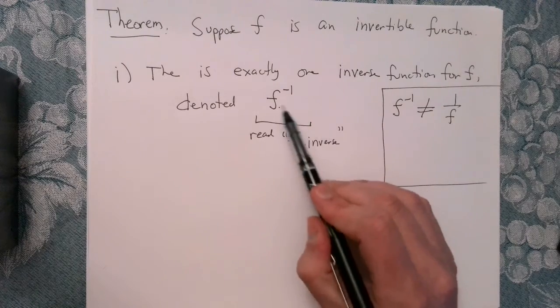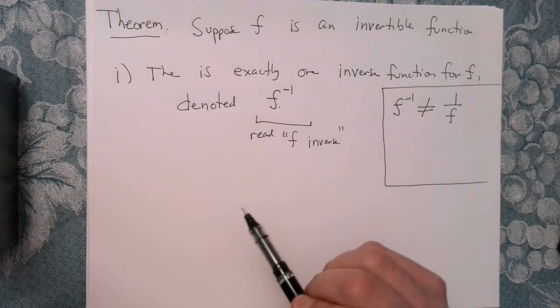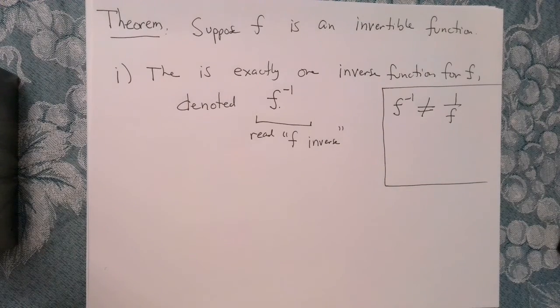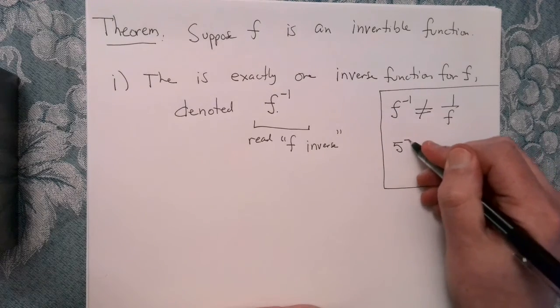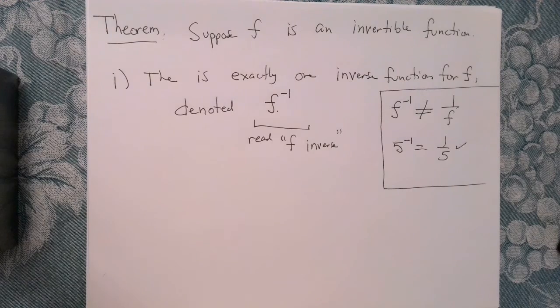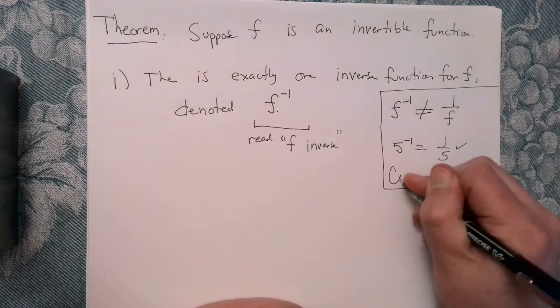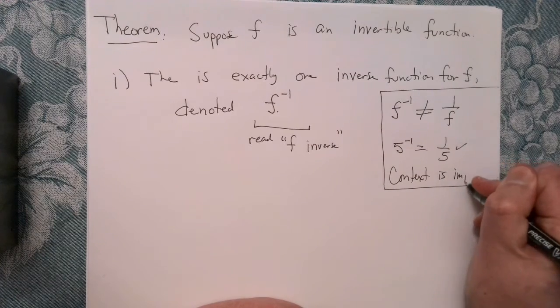It's just a notation to denote inverses. So context really matters. If you see this in the context of functions, then you understand it to be an inverse. If you see this in the context of numbers, then you're talking about a reciprocal. So be careful. So context is important.